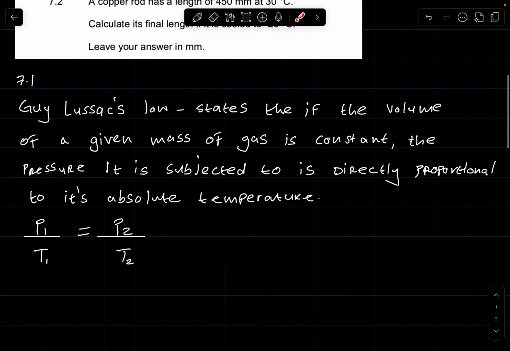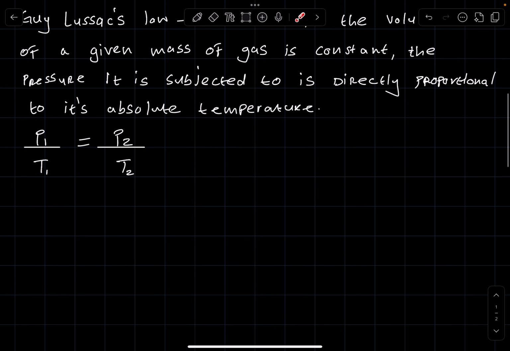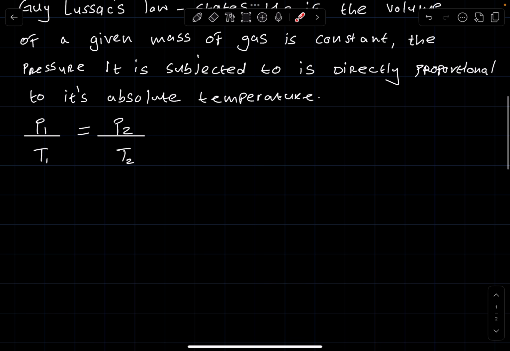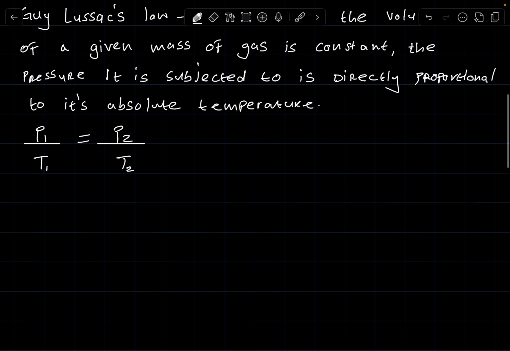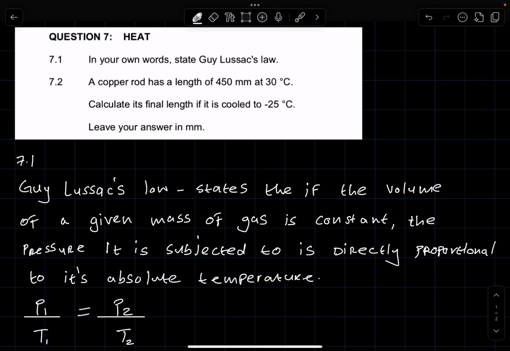For interest's sake, we use the capital letter T to show that the temperature is an absolute temperature. Anyway, let us look at 7.2.